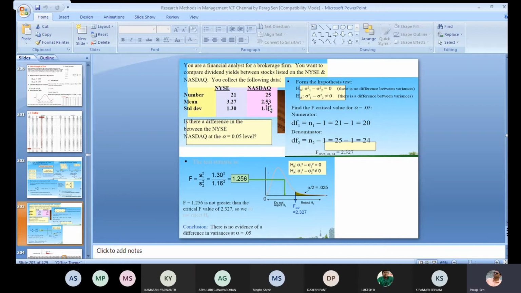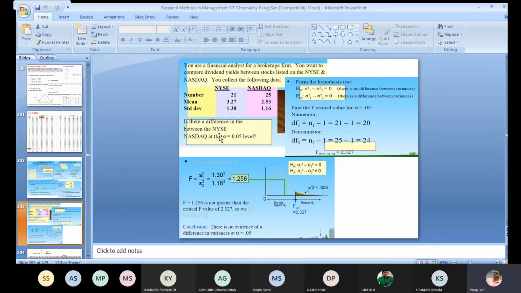So we can see different variances from this sample. But the question is, is there a difference in the variance between New York Stock Exchange and NASDAQ at population level, at alpha equal to 0.05 level?